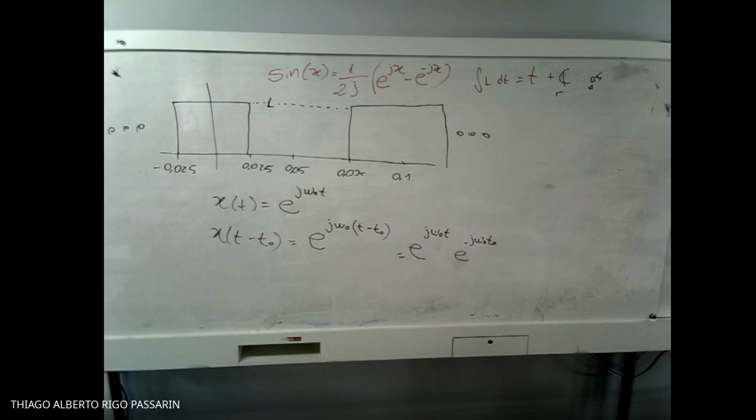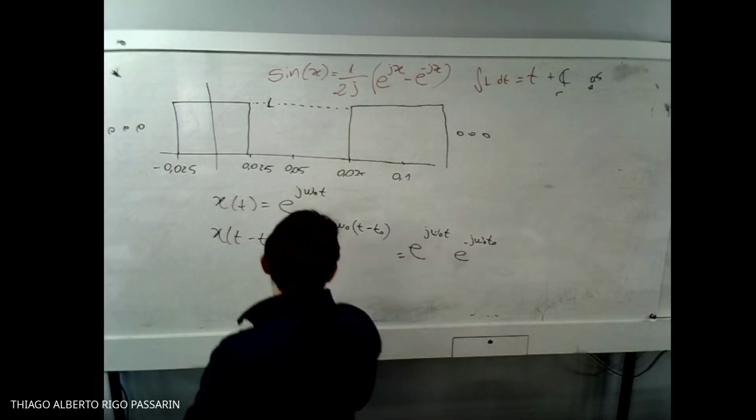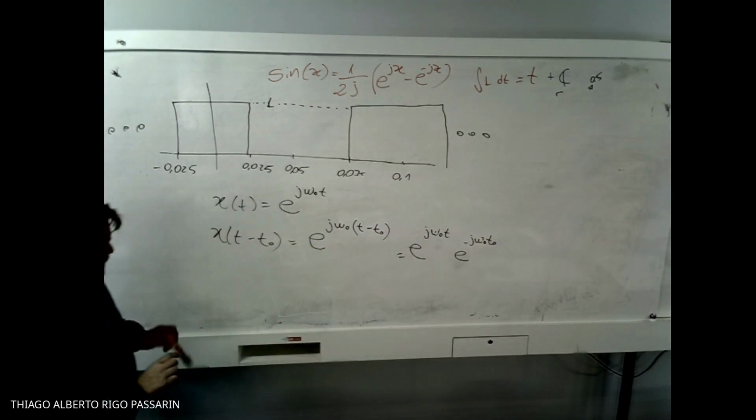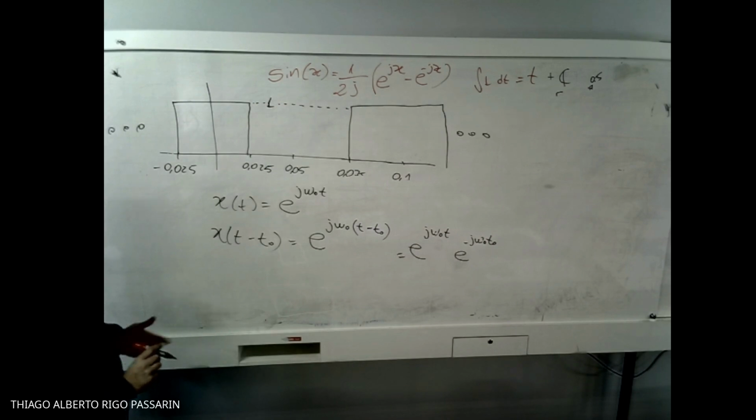So the shifted coefficients are just the original coefficients multiplied by e to the minus j n omega 0 t0, because I can extend this property to the Fourier series.